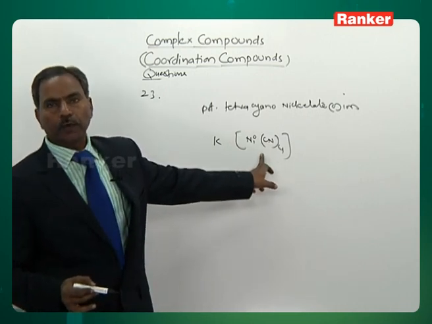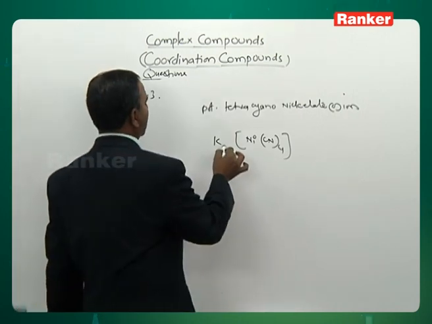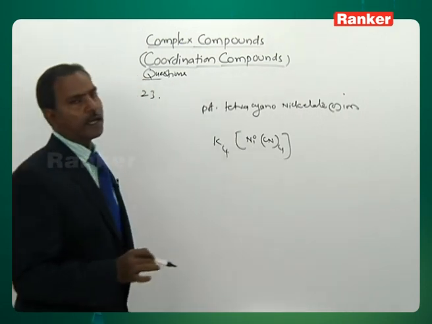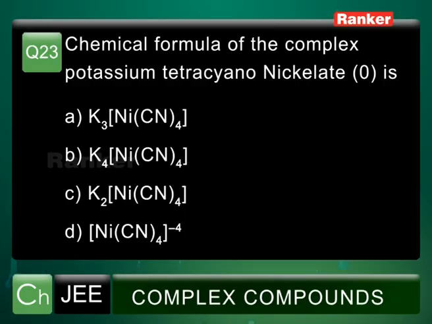Nickel has to become 0, which means there should be 4 cations outside. Therefore, it should be K4 Ni(CN)4 as the correct answer. Let us check the options now. A, K3 Ni(CN)4, that will make nickel plus 1. Coming to option B, that is K4 Ni(CN)4. This is the correct answer. Option B, answer is B.